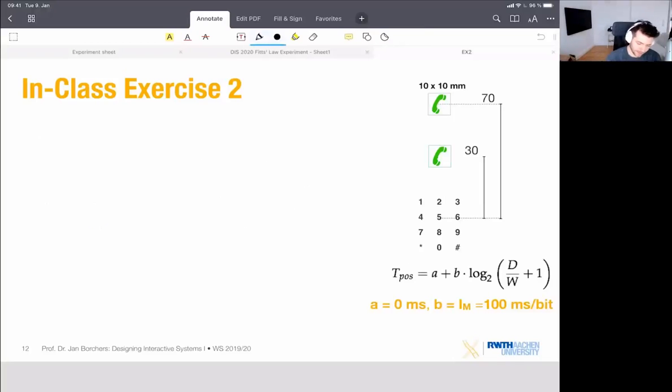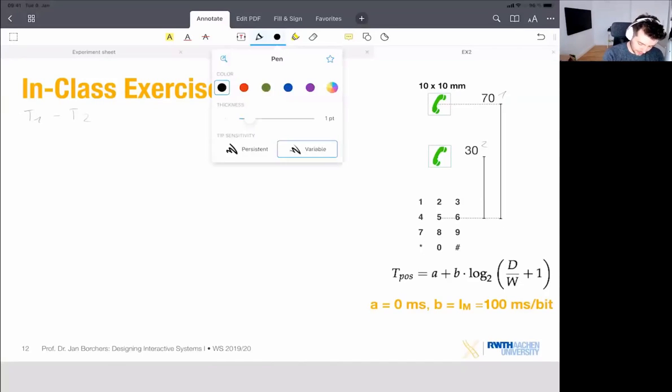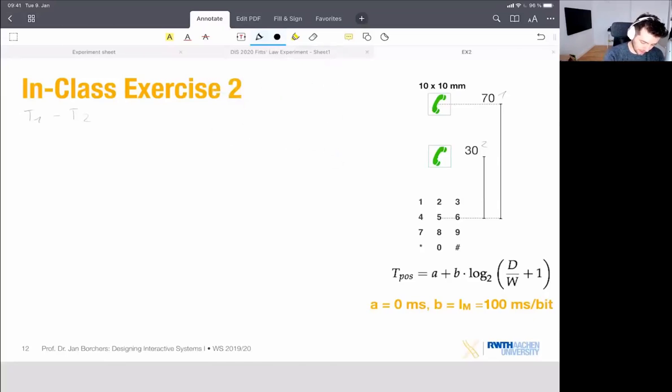Okay, then let's see whether I calculate this correctly. So we have 2 distances here. Let's call this one 1 and this one 2. We want the distance of 1 minus the distance of 2.